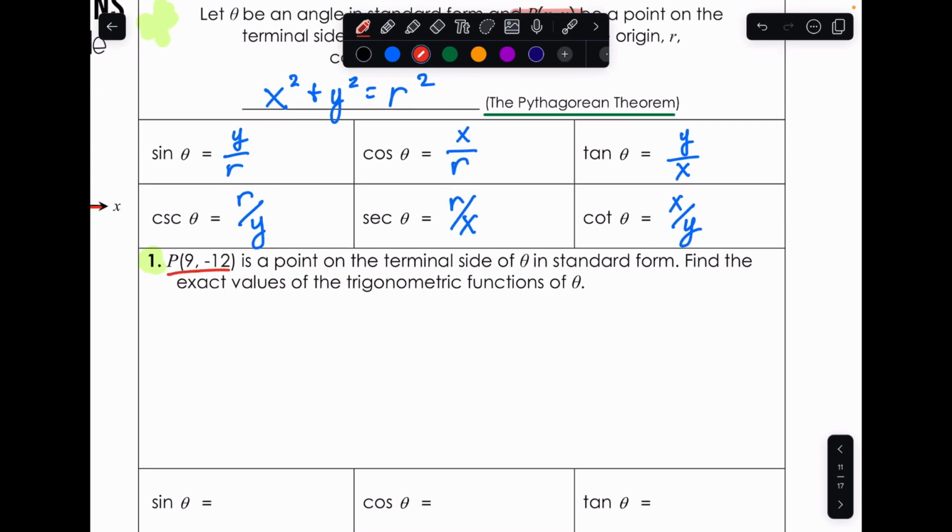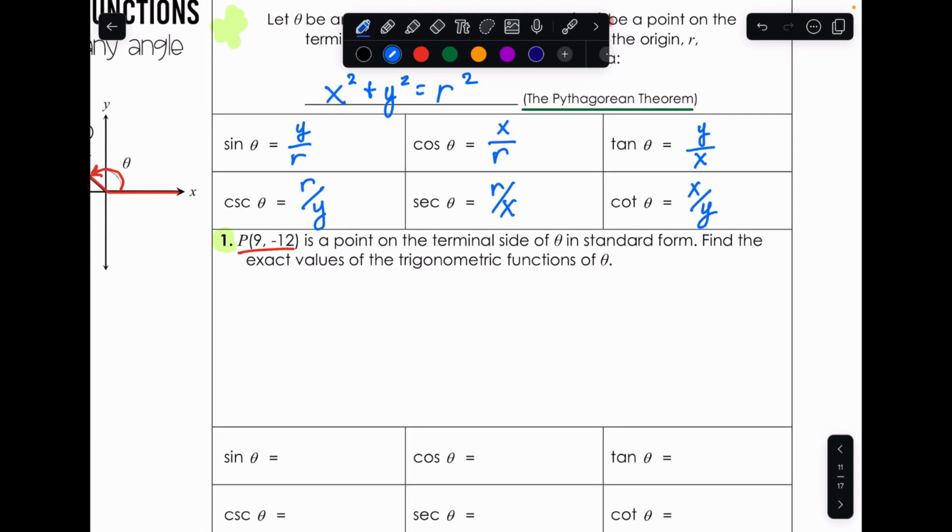So we've got a point at (9, -12) on the terminal side of theta in standard form. Find the exact values of the trig functions of theta. It's going to be really helpful, when you're working on these, to draw some sort of coordinate plane so you can figure out where exactly this point is, and then go from there.